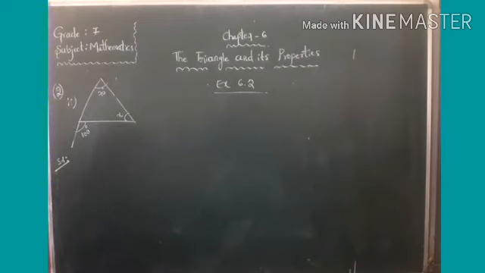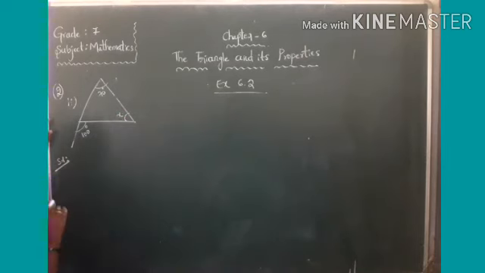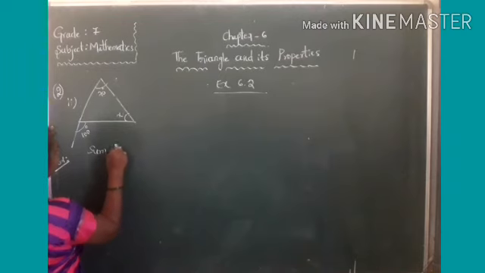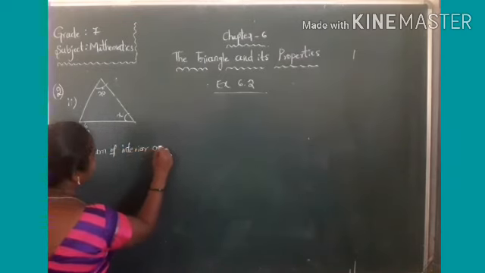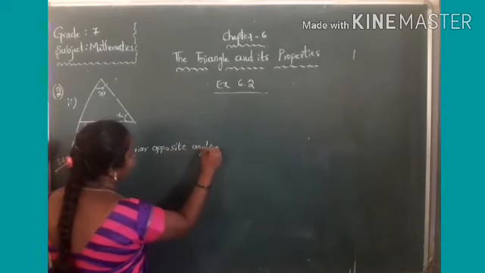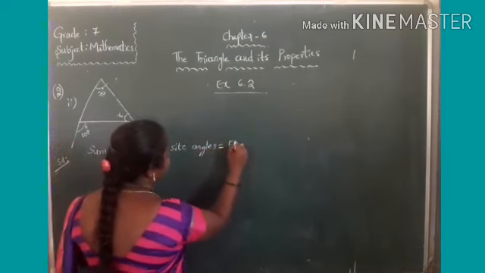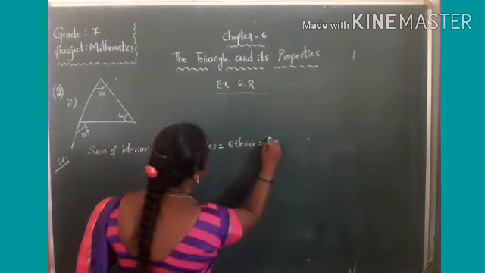Right. Here also you have to find an unknown interior angle. So always you have to write the property: the sum of interior opposite angles is equal to the exterior angle.